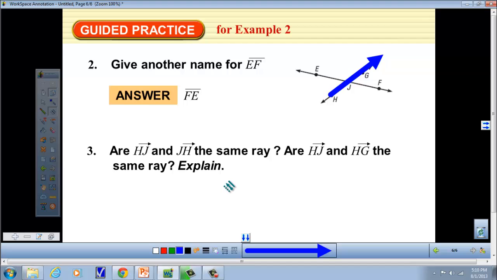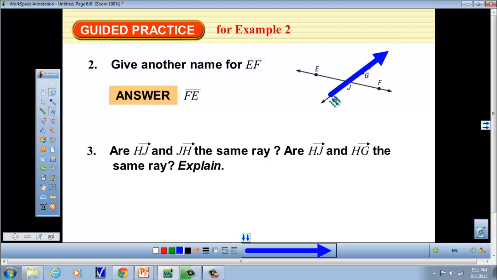So that's HJ. JH, on the other hand, starts at J and goes through H. So they're going in opposite directions, plus they have different endpoints. So you could say these are not the same ray because they don't have the same endpoint, plus they're going in opposite directions.